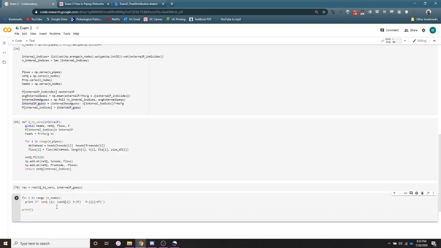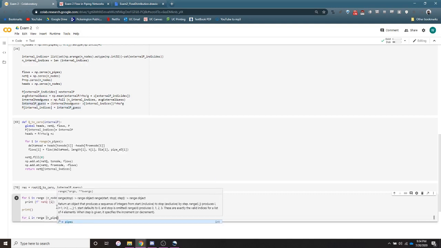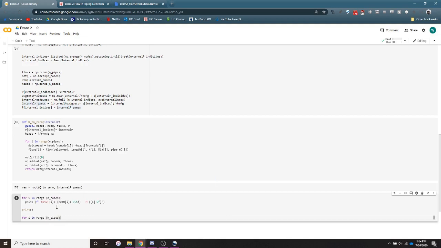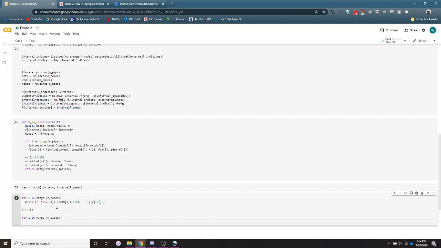And next, finally, that was printing the net flows saying they're all 0, and now we're going to print the actual flow rates. And so for i in range of n pipes, this is going to be largely the same as before.